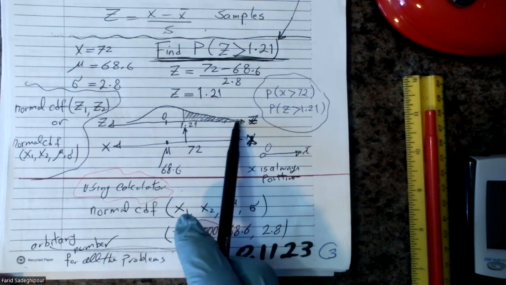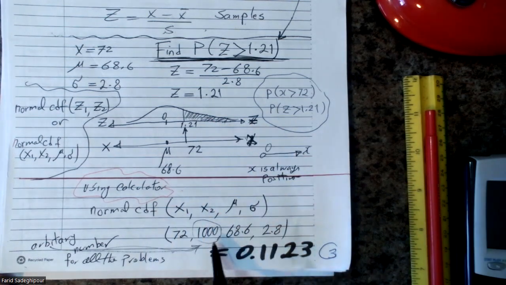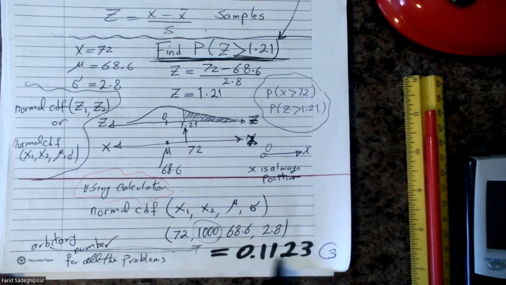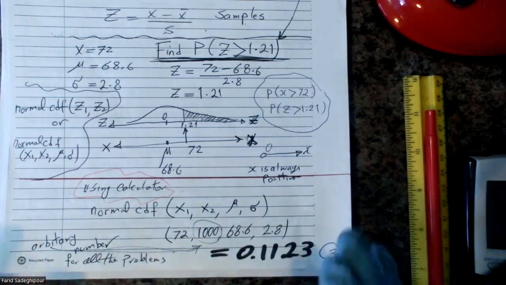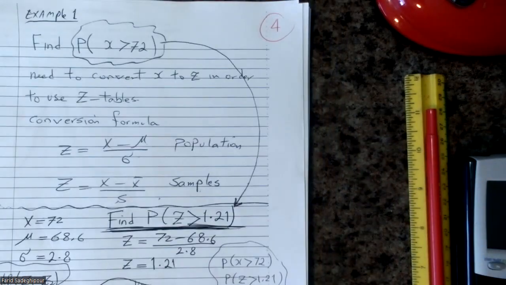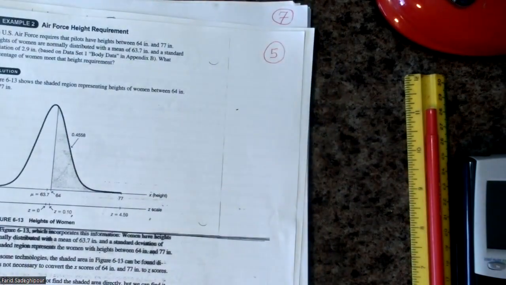Since we don't know what the end is, you use a very large number, like 1,000. This is an arbitrary number. The mean of the population and standard deviation are given in the problem. When you input all this information, you find the probability, or the area.